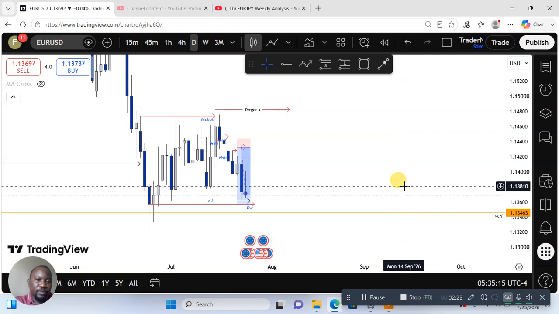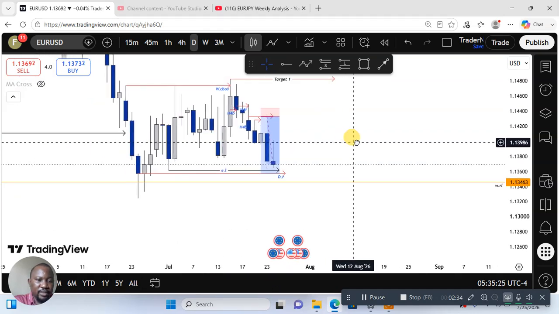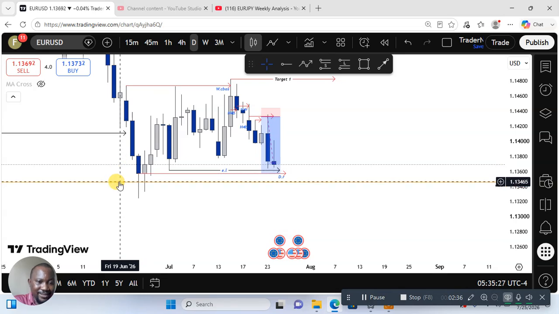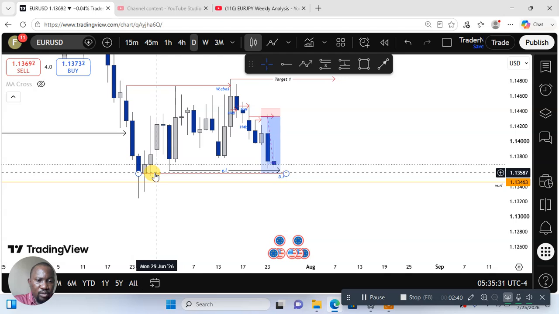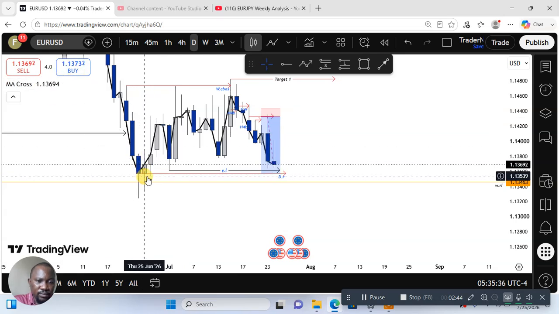While we're waiting for daily to be checked, the daily has to check below the weekly, just as it is. Weekly rejection, this is the line here. This yellow line marks the weekly rejection, and we ought to see the key level from the daily zone.